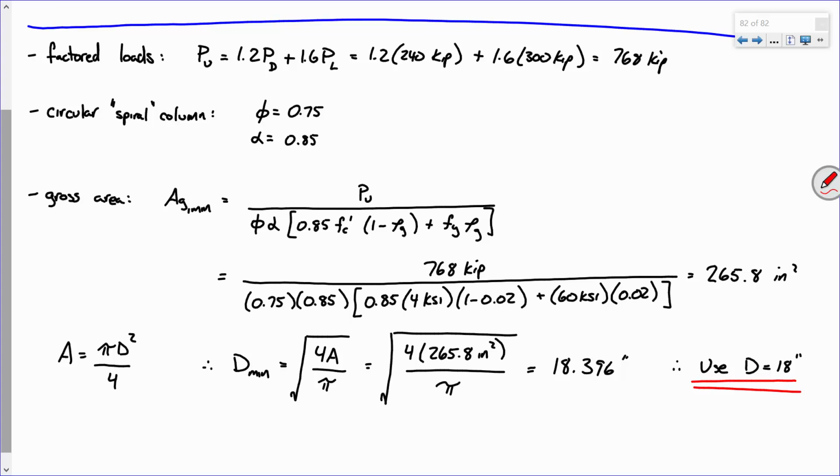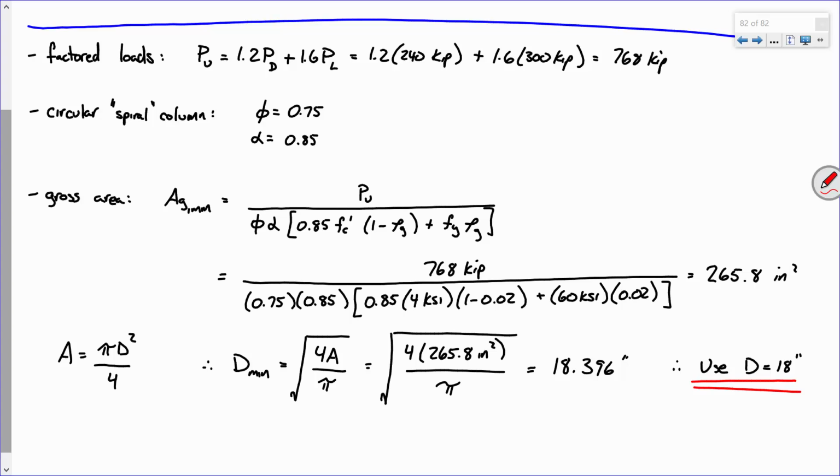It can vary a little bit. I could throw a little more reinforcement into this column as opposed to a little less. Here's the reason why I'm doing this. What would I do? Round this up to 19 inches? Does a 19-inch round column make a lot of sense? If I rounded it up to 20 inches, that might make sense, but now I'm using a whole lot more concrete than I really need.